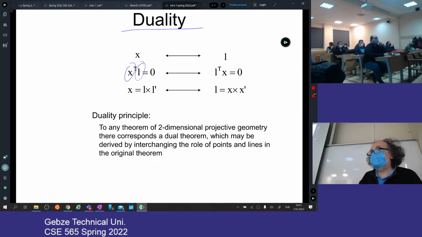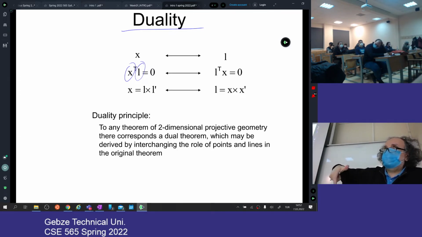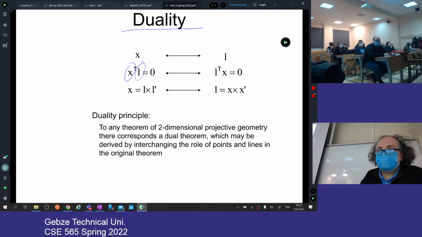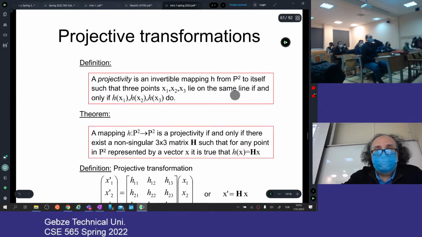If somebody says that if you cross product 2 points, you will get a line, then you will say, what happens if I cross product 2 lines? Then you don't need to struggle, because you are just using Control H to replace each line by a point and each point with a line. That's called the duality, and we are going to use that.